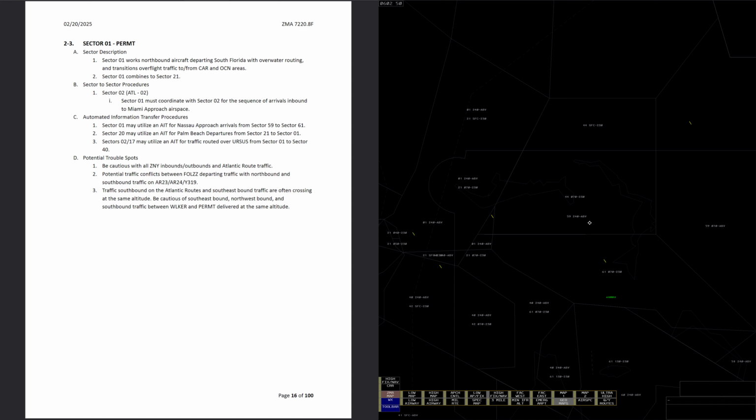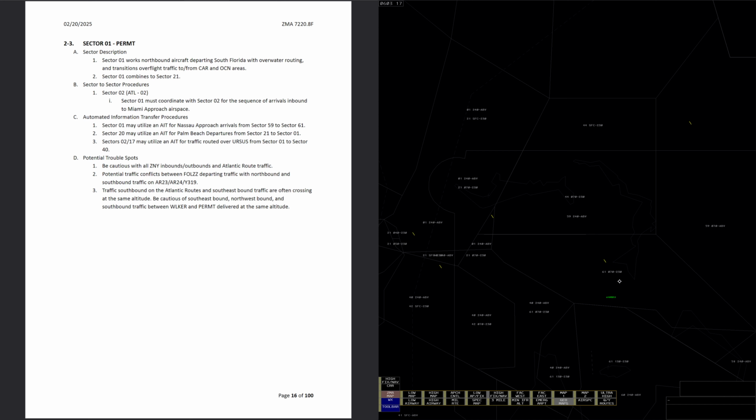transition to Sector 59 and then Sector 61 and have to make a communication switch twice, they can be handed off directly to 59, where if Sector 59 hands off the aircraft to Sector 61 and Sector 61 accepts the handoff, by the time the aircraft is at the 159 boundary over here, the aircraft communications can be directly transferred to 61.